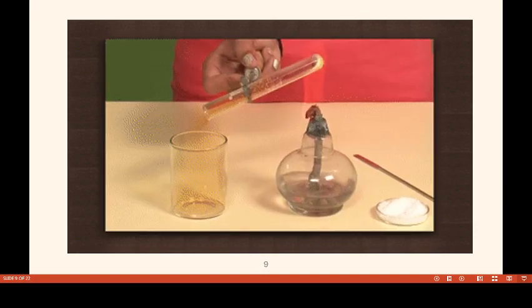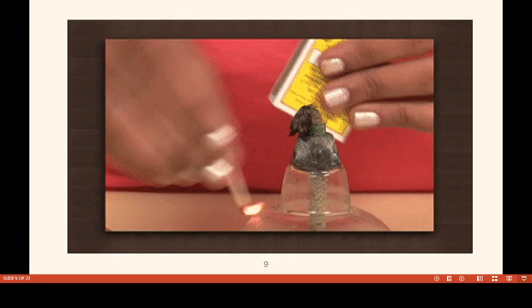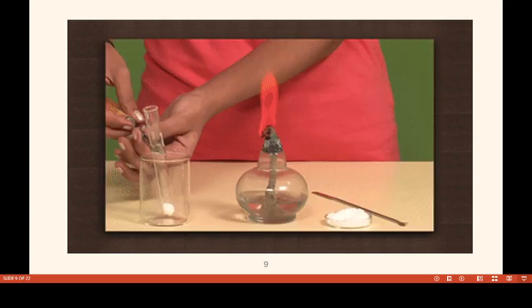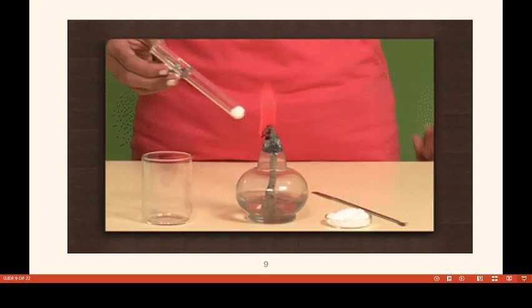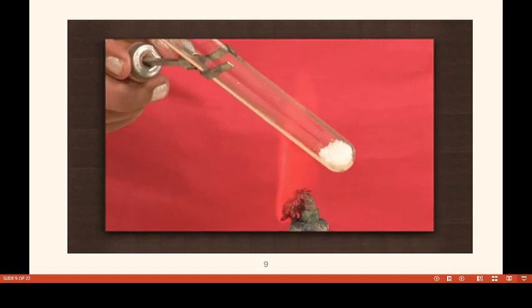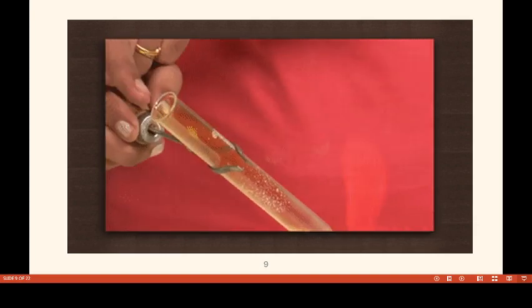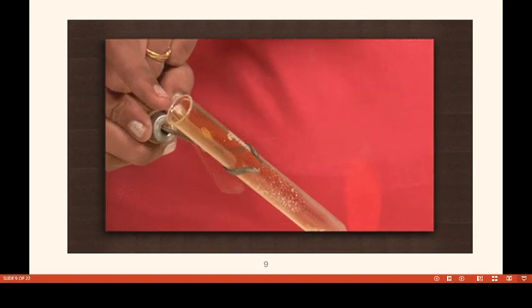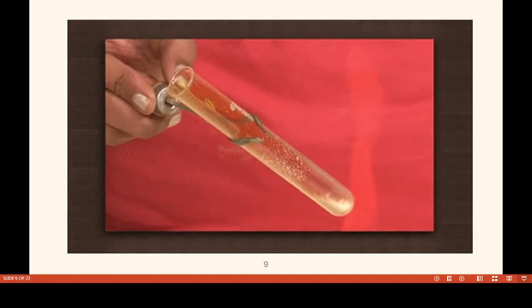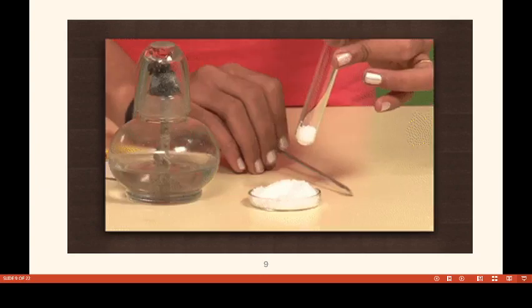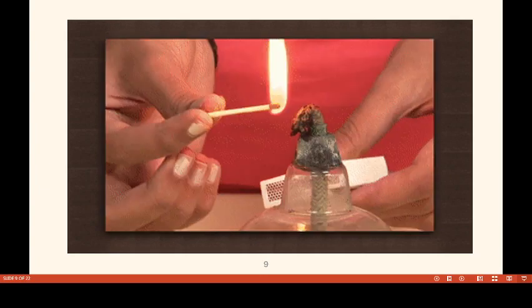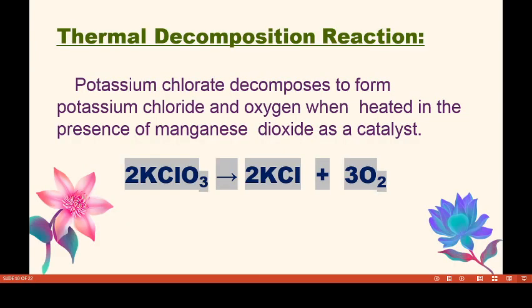So see the experiment of decomposition reaction. This is thermal decomposition of potassium chlorate. Here the heating process is going on. For a thermal decomposition reaction, we take potassium chlorate.